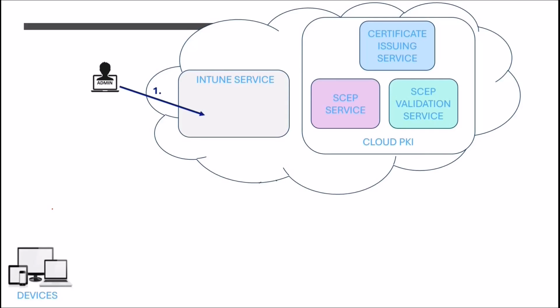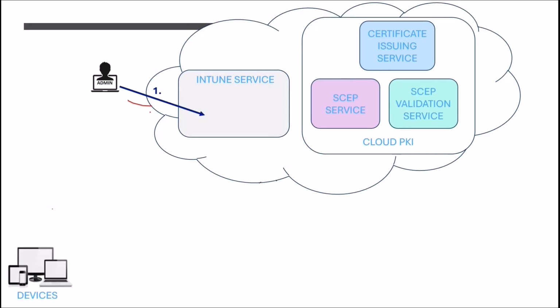Step number one is that the Intune admin goes to the Intune portal and creates a profile. He is going to create a SCEP profile and assign it to a specific user or to a specific device. So this is the very first step that the admin has performed.